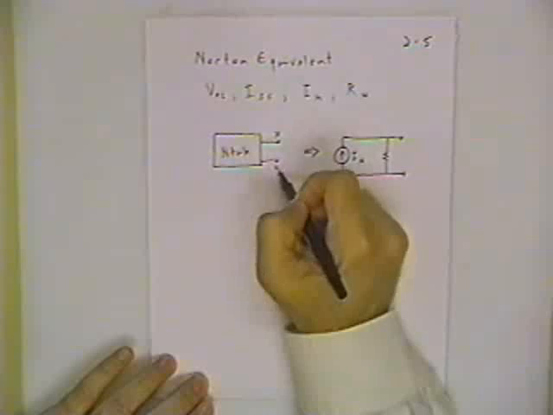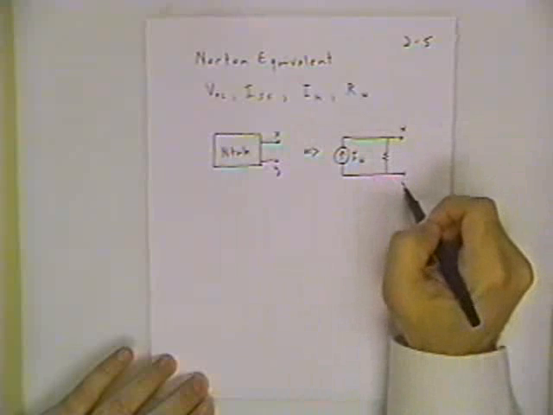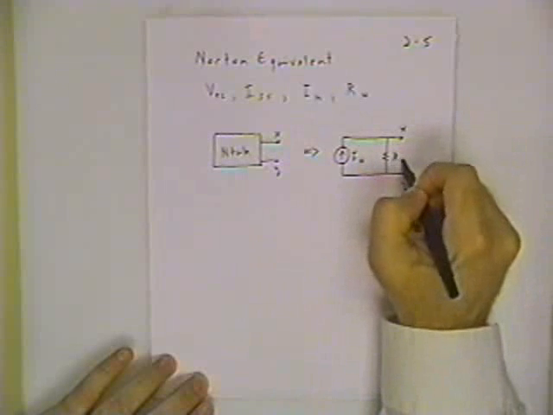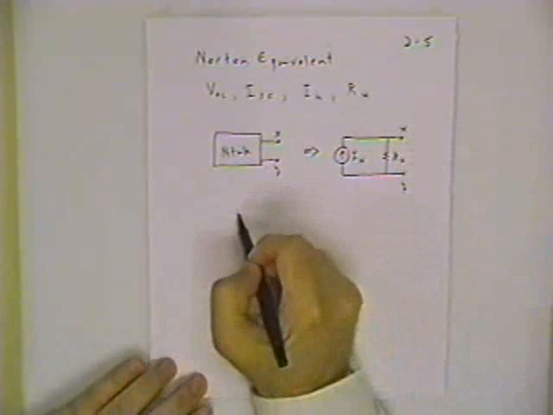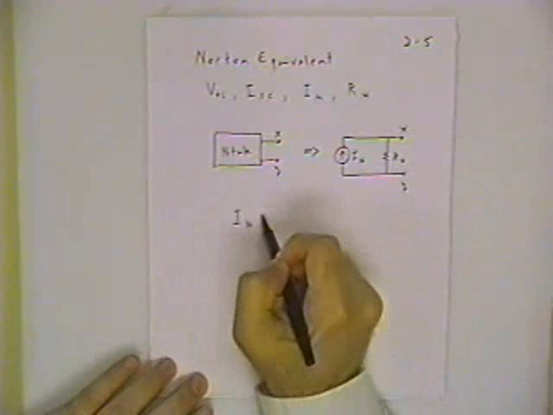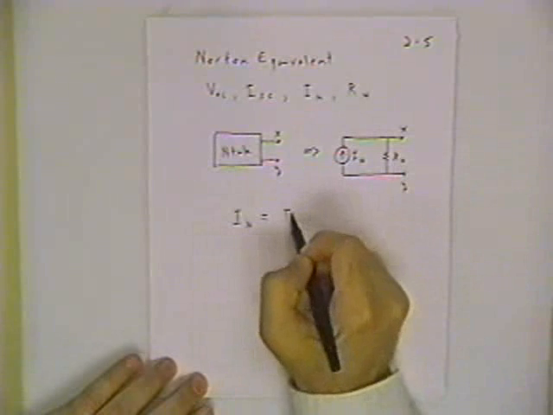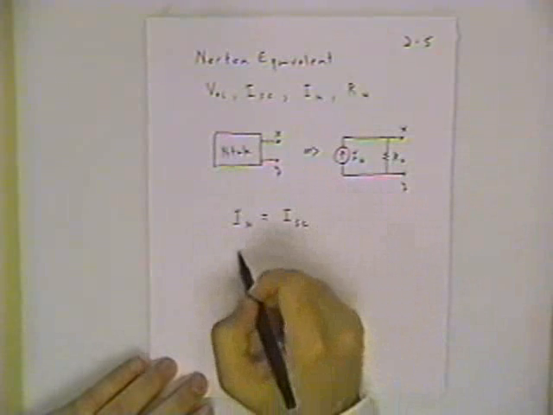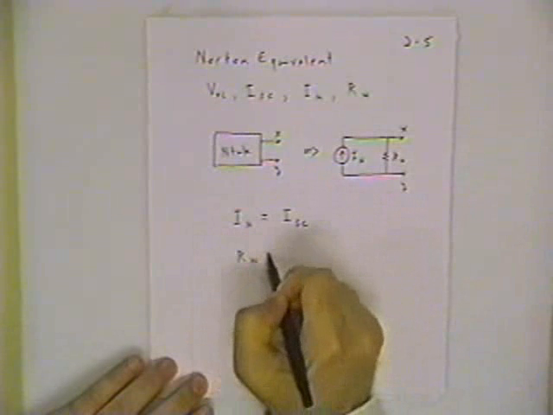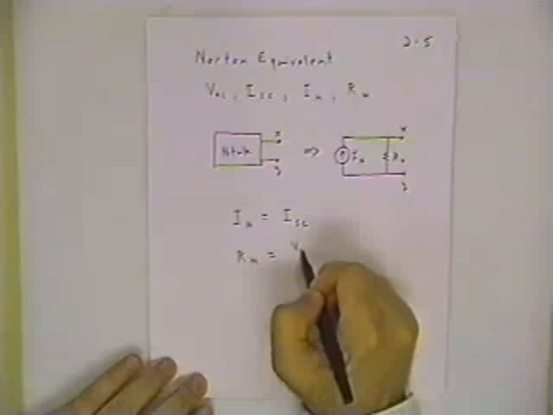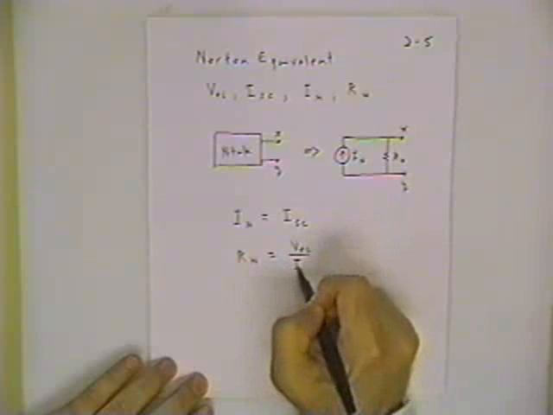So here are my nodes X and Y again. Here's X and Y. And the way you get IN is simply to write down the short circuit current. To get RN, you take the open circuit voltage and divide by the short circuit current.